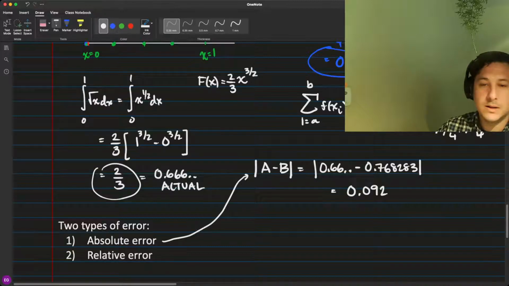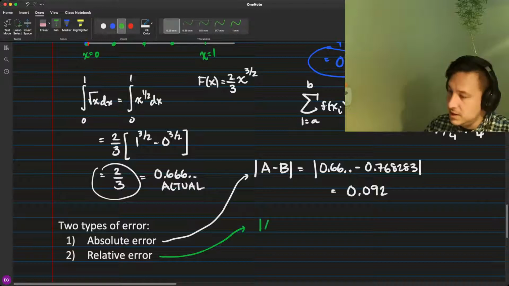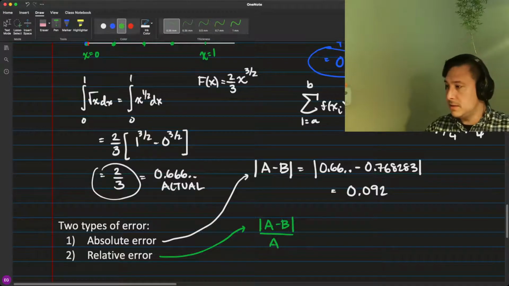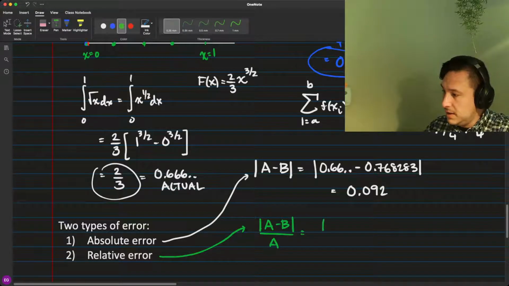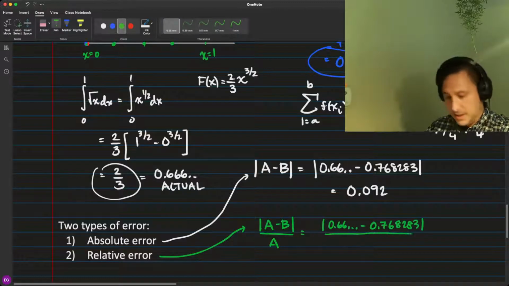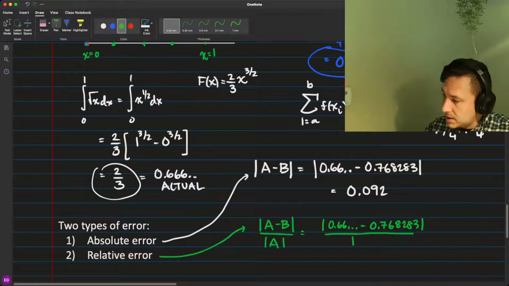But the problem is that doesn't really tell the whole story. What you need to do is look at relative error. You need to take the absolute error and then divide it by the actual answer. So what we need is 0.666 repeating minus 0.768283, and then divide it by the actual area of 0.666 repeating.